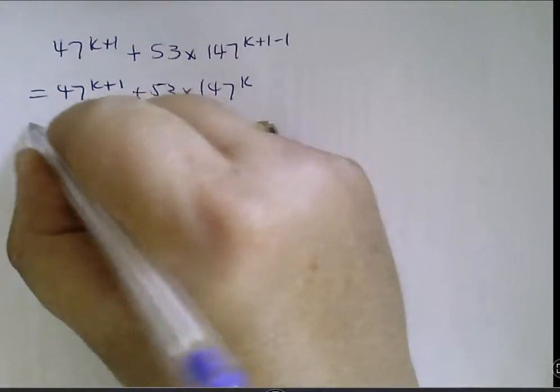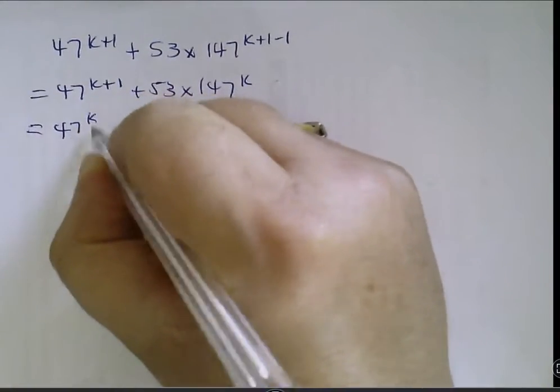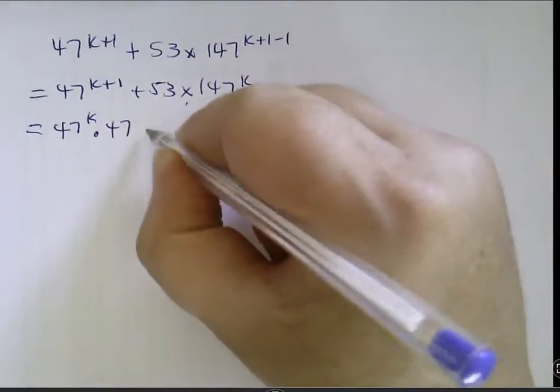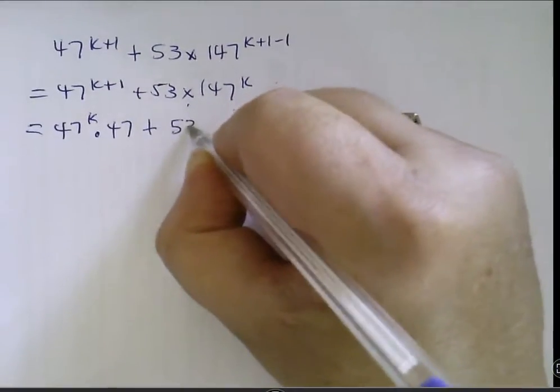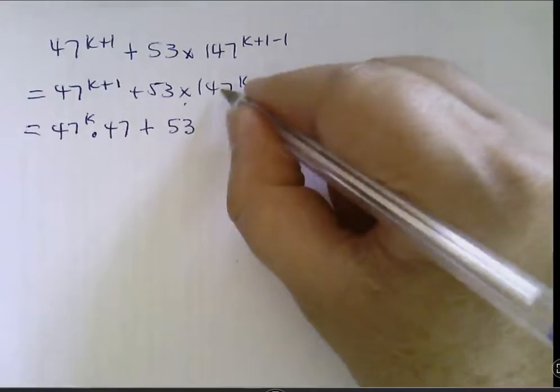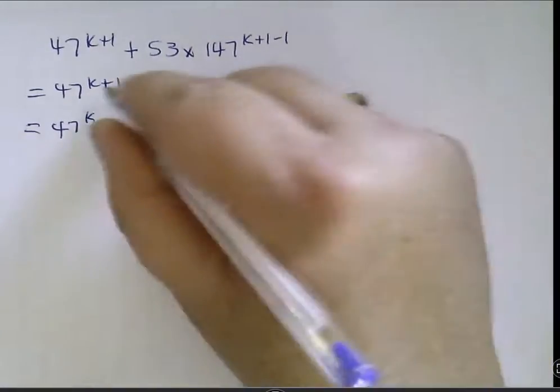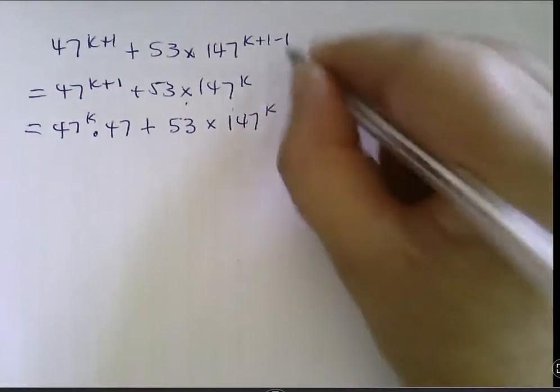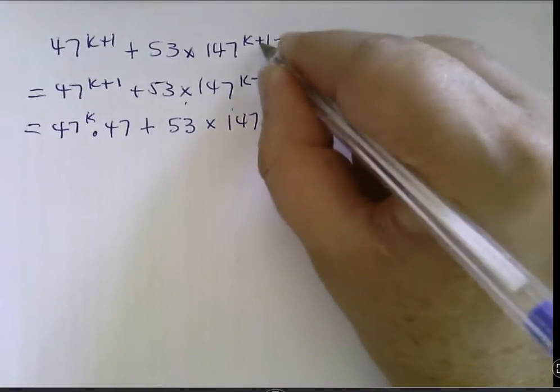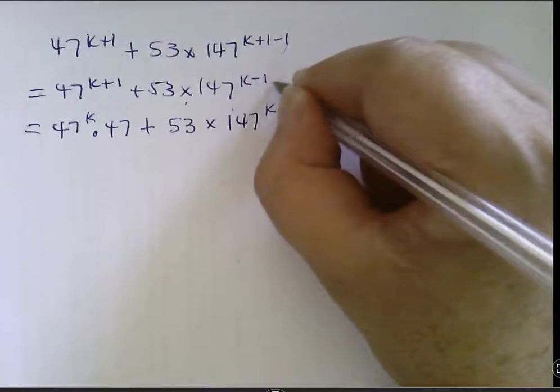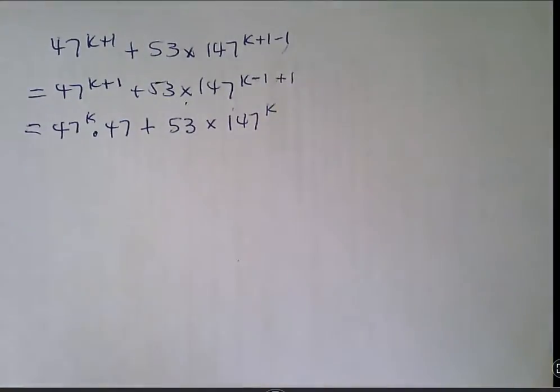Now, let's break up the 47. 47 to the k times 47 plus 53, sorry, I shouldn't have done that second step, times 147. I don't know why I did that, because I'm going back. What I'm going to do, I'm going to swap these two around instead and go k minus 1 plus 1.